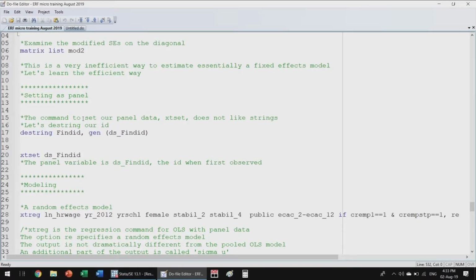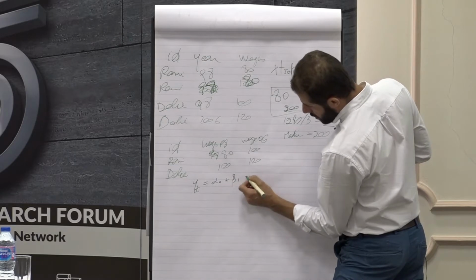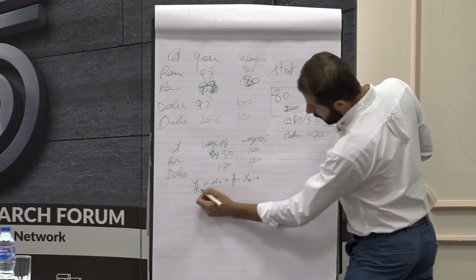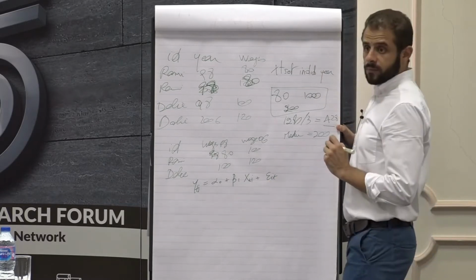we can define the fixed effect, or we can understand the fixed effect through a first difference estimation. Why is that? Because let's say I have y_it equal to alpha 0 plus beta 1 x_it plus epsilon_it, okay?